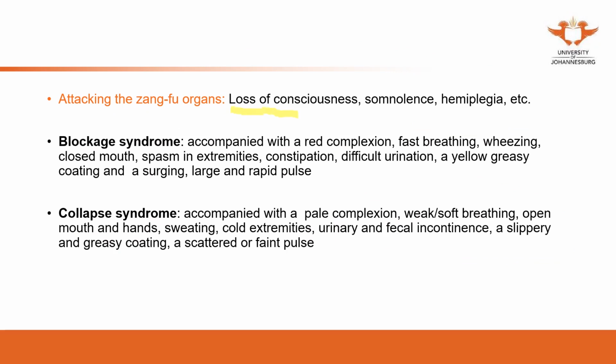So this patient must have loss of consciousness, accompanied by blockage syndrome or collapse syndrome. These are two different categories. Blockage is an excess syndrome: red complexion, fast breathing, wheezing, closed mouth, spasm, constipation, difficult urination.